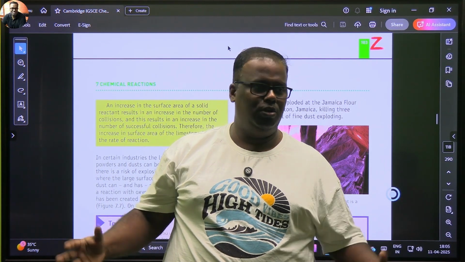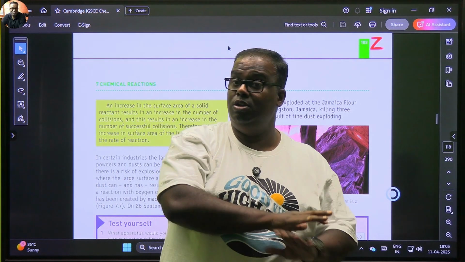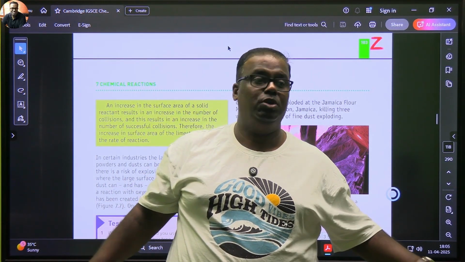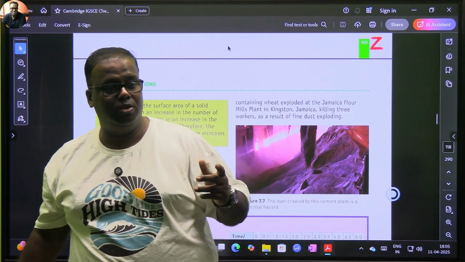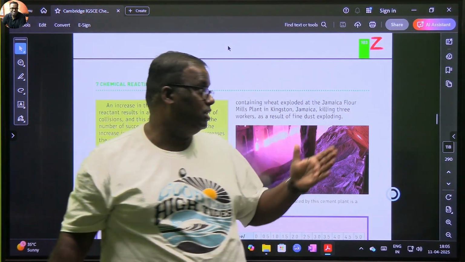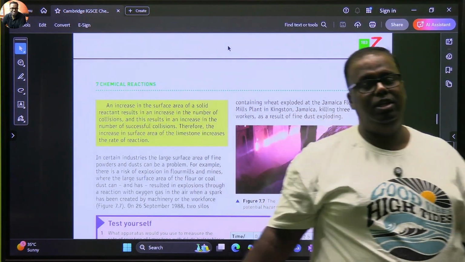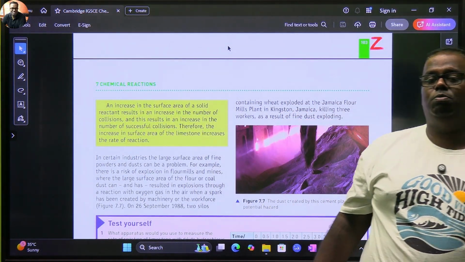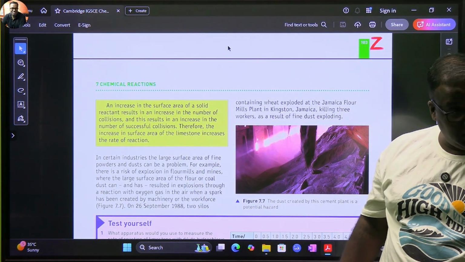If you have a lot of fire and you take maida or wheat and you just put it in, it will immediately create an explosion because the surface area is so much. But we feel that maida or atta cannot create any sort of explosion. That's what is written in your textbook. In Jamaica, in one of the wheat mills, some 3 or 4 sacks of wheat exploded, thereby killing 3 workers there.